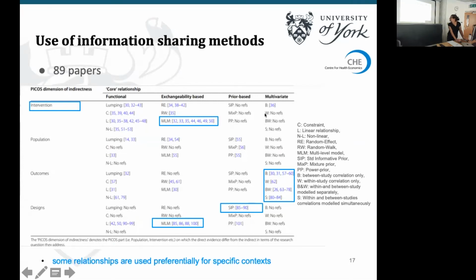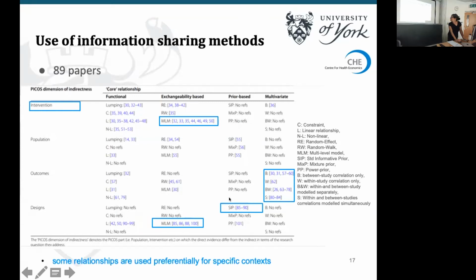Multivariate methods have been used to share across interventions, but they're mainly used to share across outcomes, as you'd expect. I'm not focusing too much on outcomes today, so I'm not focusing too much on multivariate methods, but they've been used to share across interventions too.